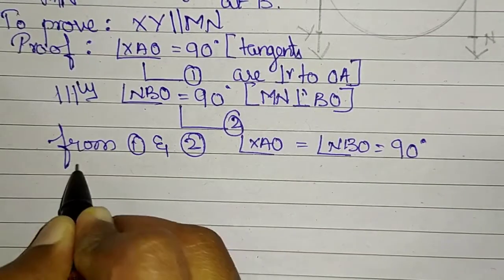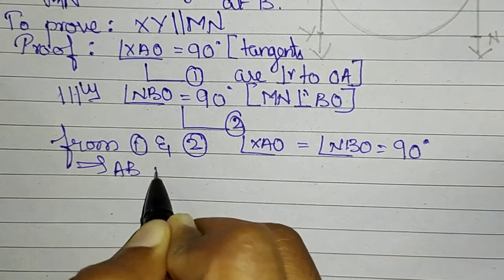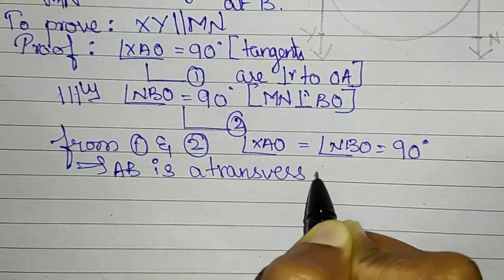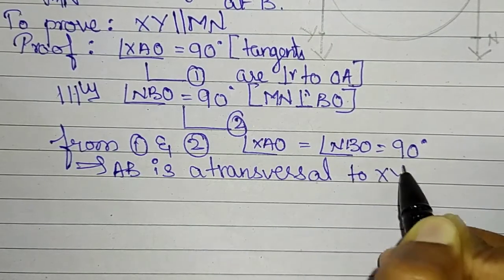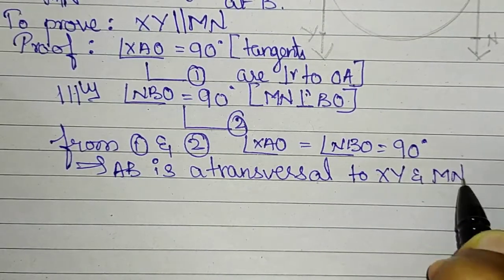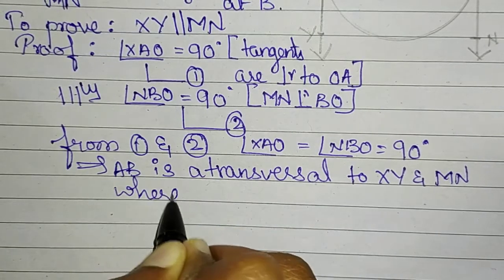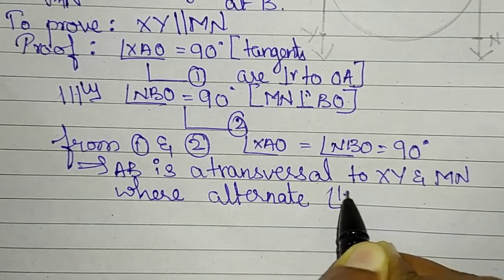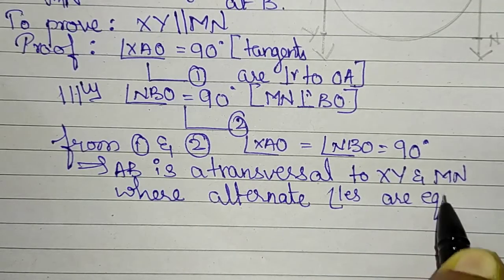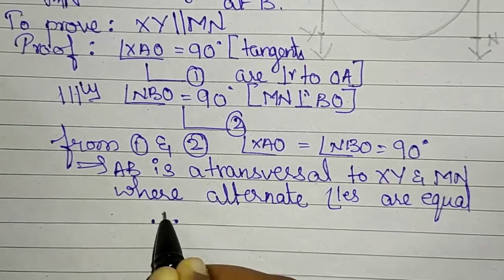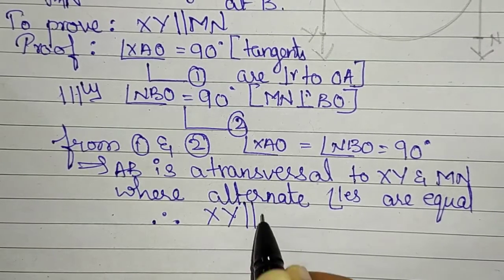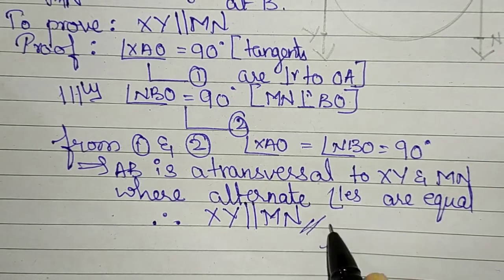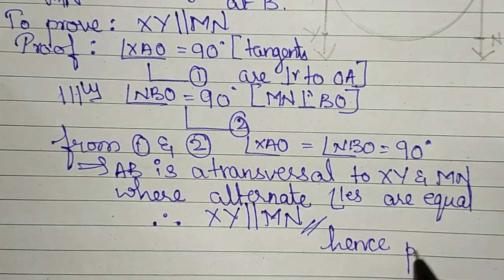So this implies AB is a transversal to lines XY and MN where alternate angles are equal. Therefore, XY is parallel to MN. You learned this in 9th standard. Hence, proved.